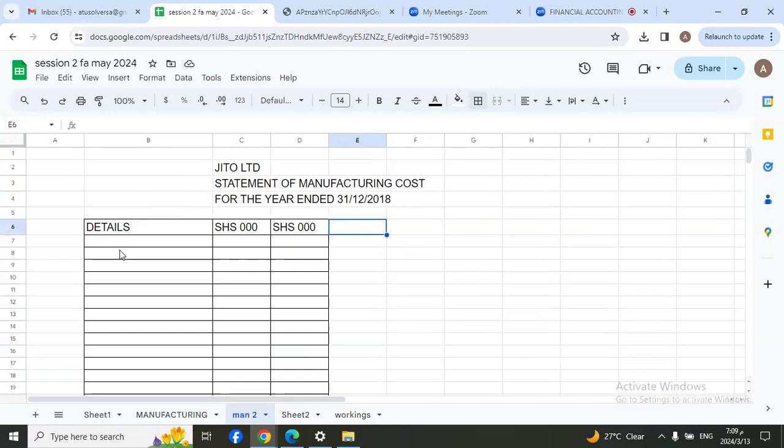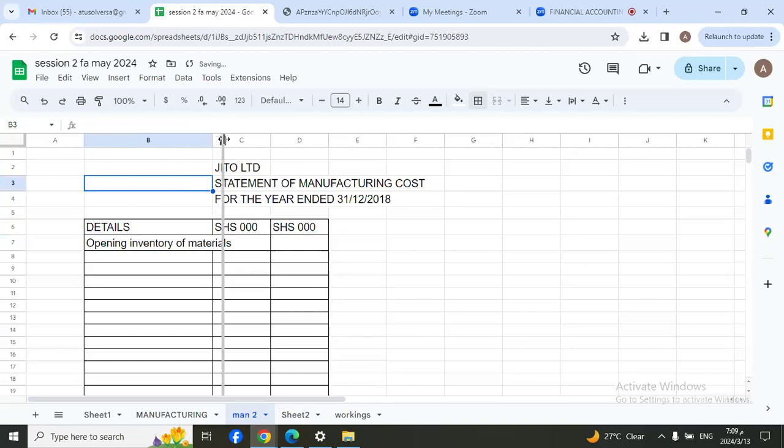On doing the manufacturing account, I've told you we are looking for the prime cost. When we are looking for the prime cost, we start with opening inventory of materials.